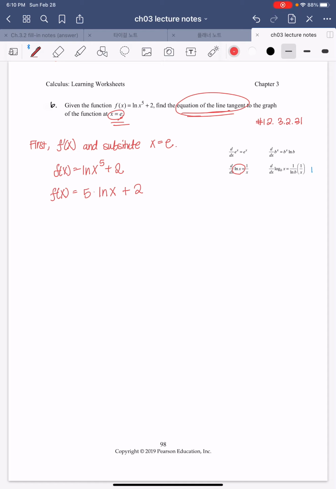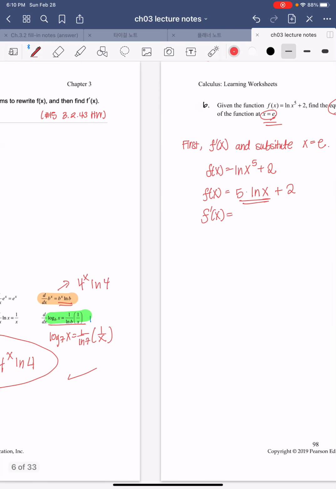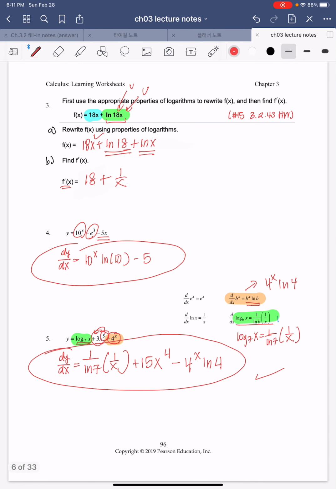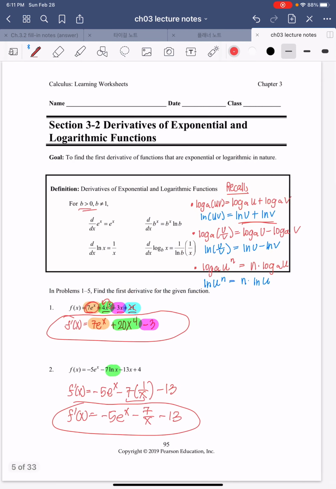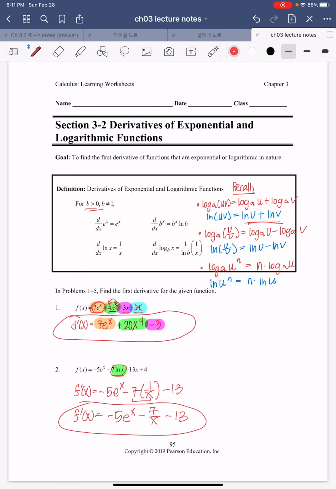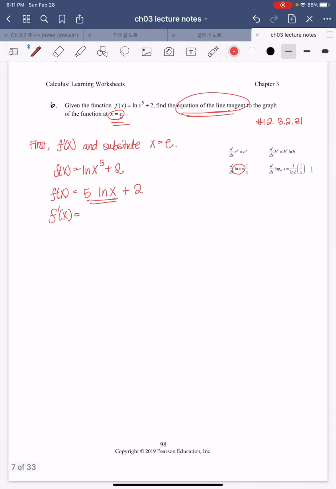Now let's take a derivative. f prime of x, 5 ln x. We did very similar, right? 7 ln x is just 7 times 1 over x, because the derivative of ln x is 1 over x. So this will be 5 times 1 over x, and this disappears. Derivative of 2 is a constant.